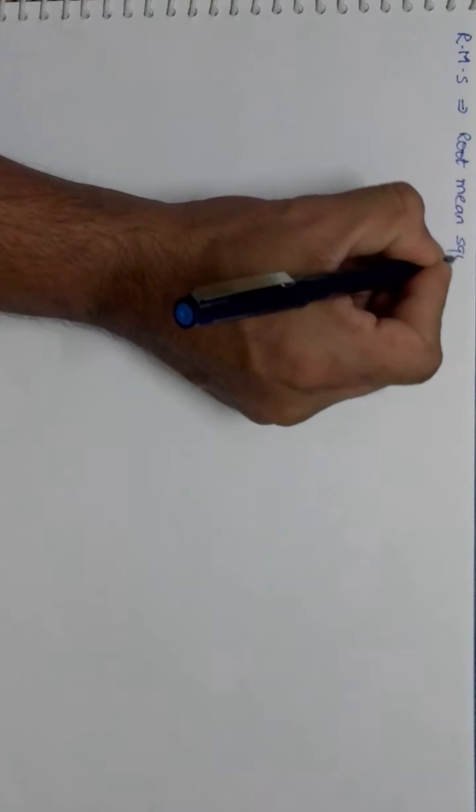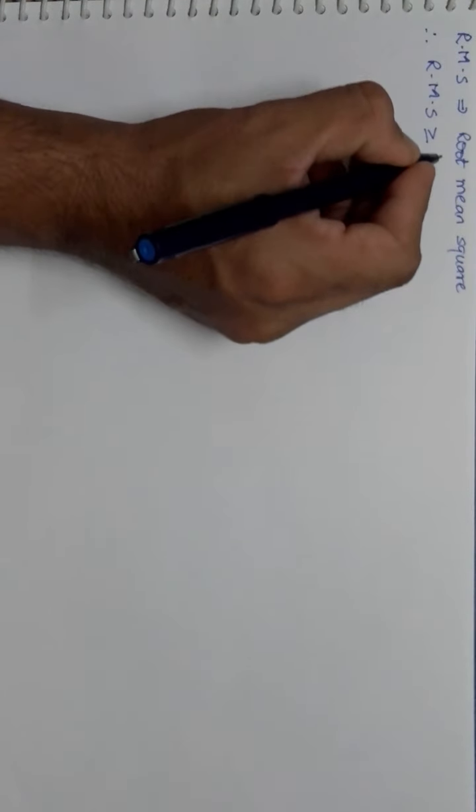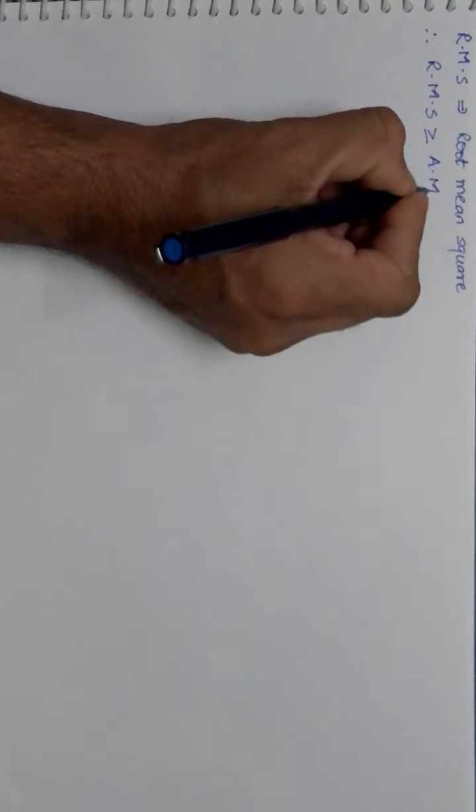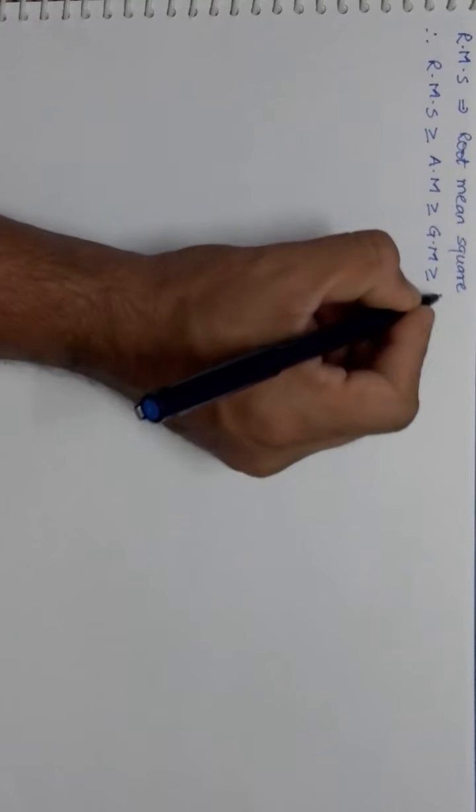And obviously AM is arithmetic mean, GM is geometric mean, and HM is harmonic mean. So what relation do I have? Root mean square is greater than or equal to arithmetic mean, which is greater than or equal to geometric mean, which is greater than or equal to harmonic mean. This is the relation, and we are going to check this relation also.